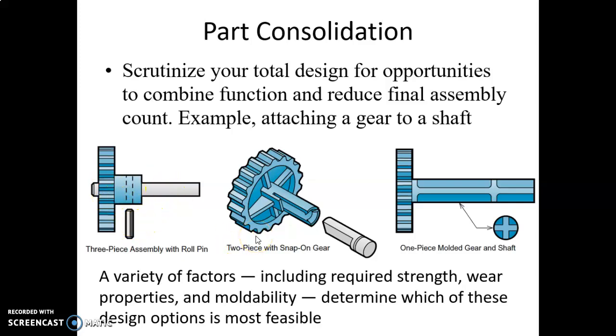Next is a two-piece assembly with snap-on gear, and then a one-piece molded gear and shaft. The shaft is a long narrow part, or a section forming the handle, and we have a gear here. A variety of factors including required strength, wear properties, and moldability will determine which of these design options is most feasible, which is most suitable.